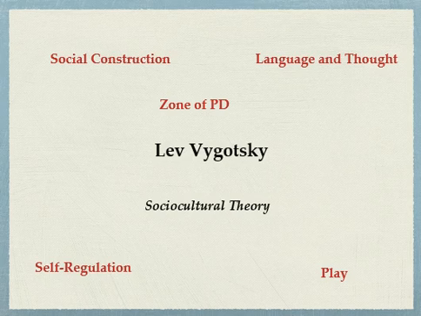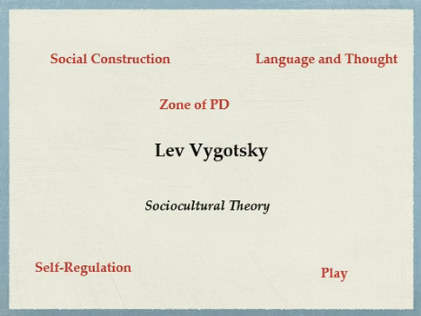Scaffolding requires adults to provide children assistance, guidance, and direction in an attempt at helping children learn tasks found within the zone of PD. The zone of PD, or zone of proximal development, is the distance between what a child knows and does not know. Between the 2 ends lies the critical period of time where a child can learn a task.